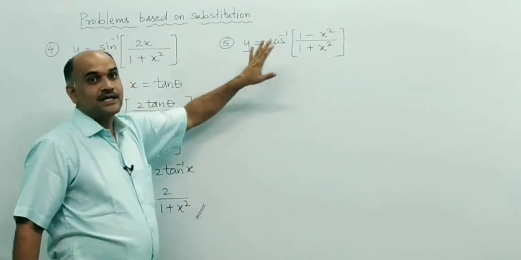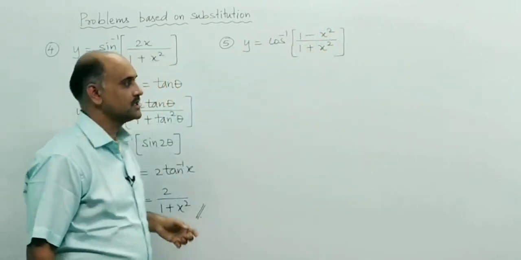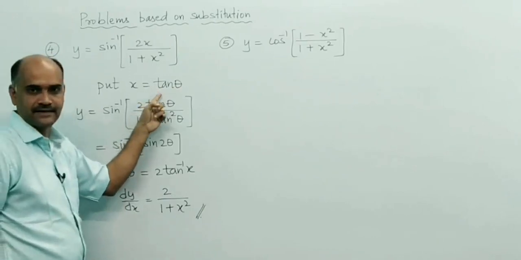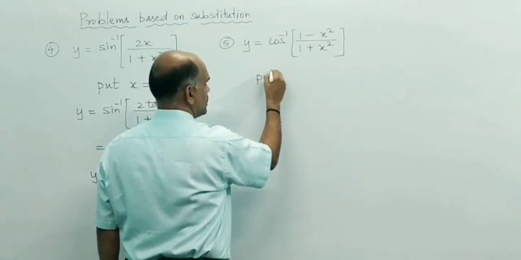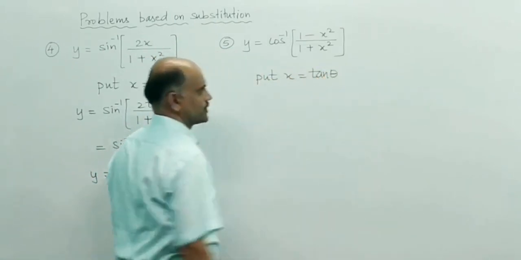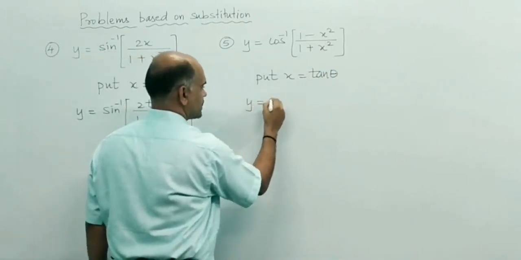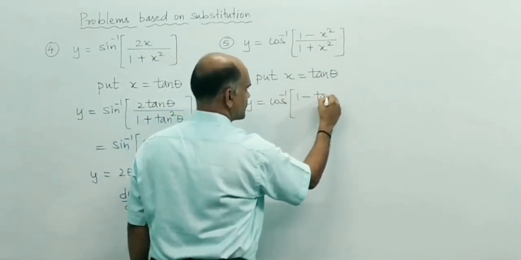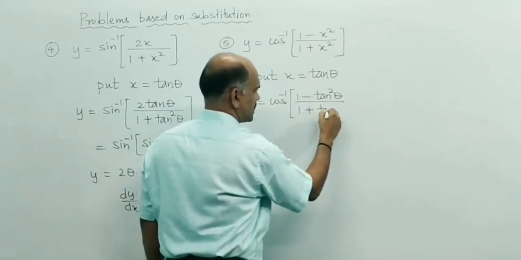So now again it is in the formula of cos 2 theta. So in place of x you should have tan theta. So put x is equal to tan theta. So you will have y is equal to cos inverse of (1 minus tan square theta) divided by (1 plus tan square theta).